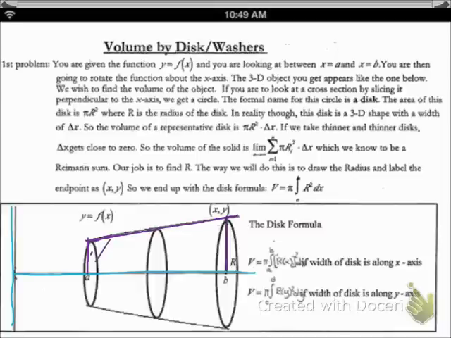So the area problem that you would have set up back in section 7.1 is this purple area here that you see on your screen. And now, to form our three-dimensional object, we're taking that bounded area and we're going to revolve it about this x-axis. Okay, so when you do that, now you see the three-dimensional figure that is on your screen.